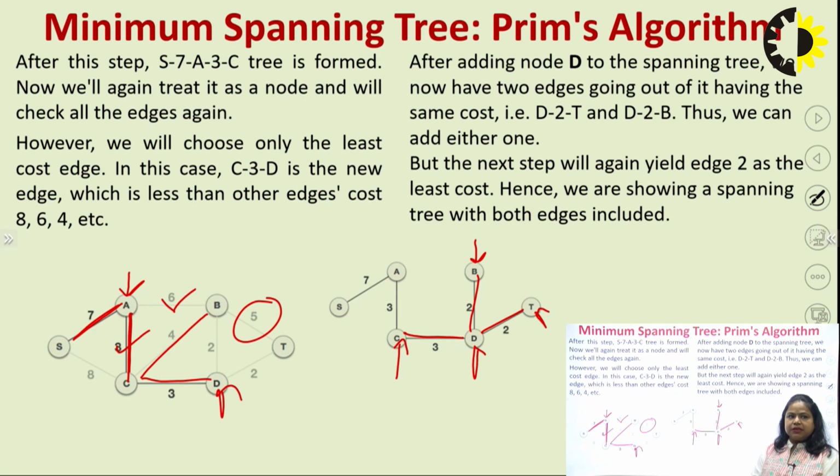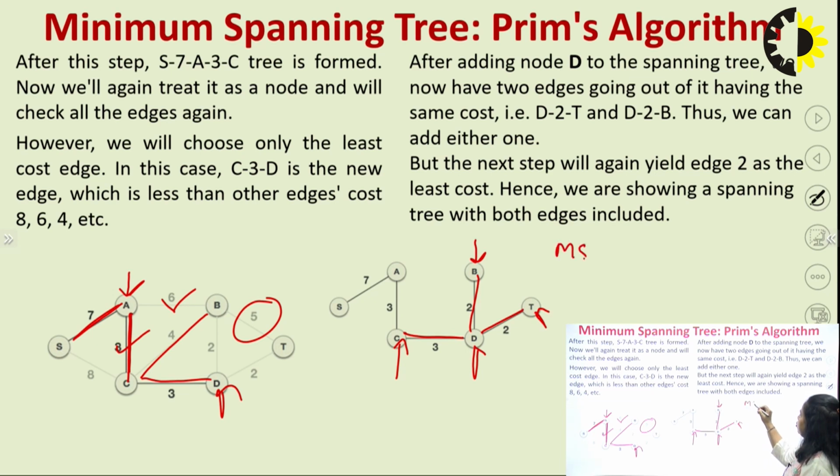We have 6 vertices: S, A, C, B, D and T. So we have covered all the vertices, and finally we get the minimum spanning tree out of all the various combinations.